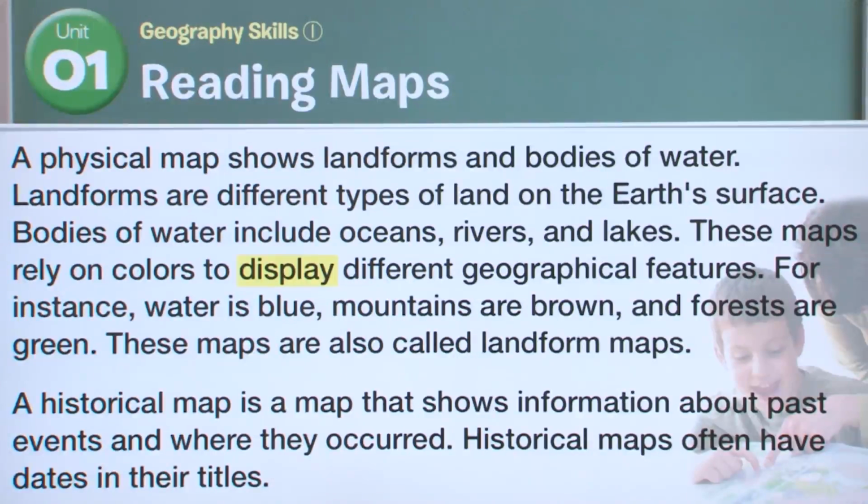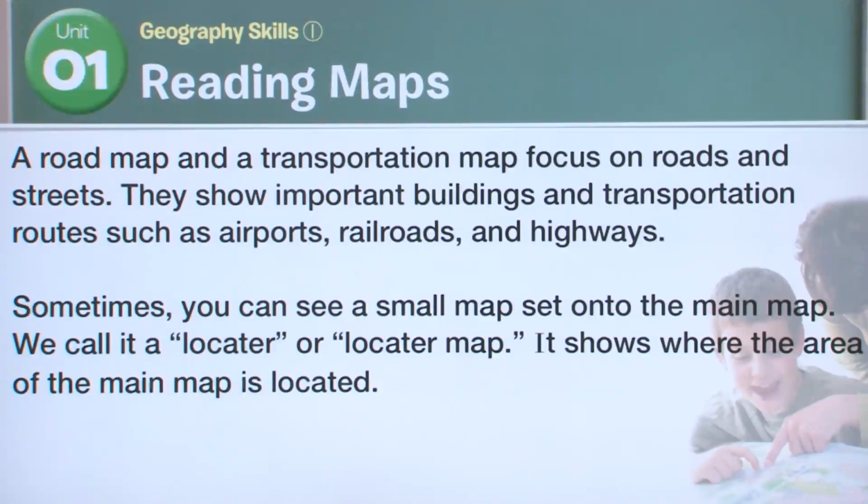A historical map is a map that shows information about past events and where they occurred. Historical maps often have dates in their titles. A road map and a transportation map focus on roads and streets.